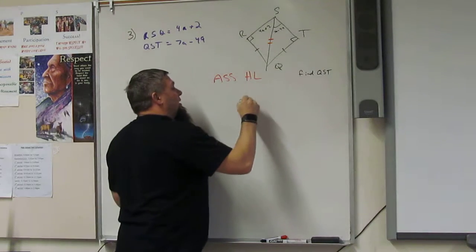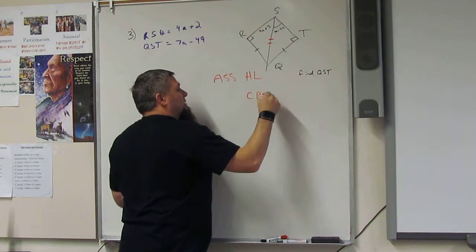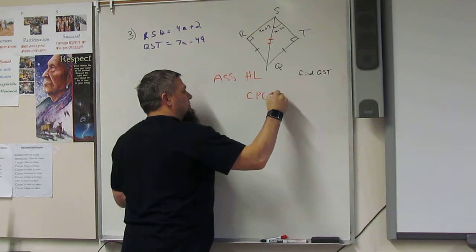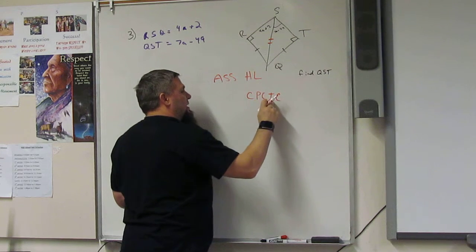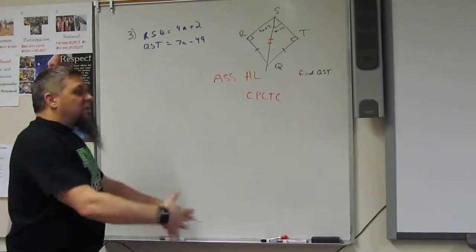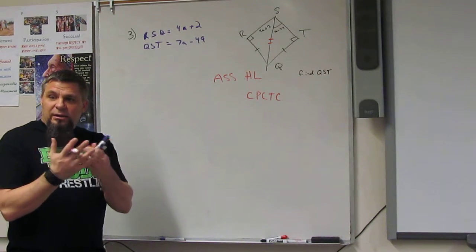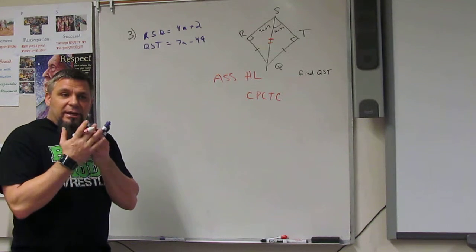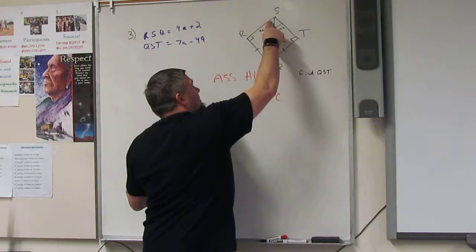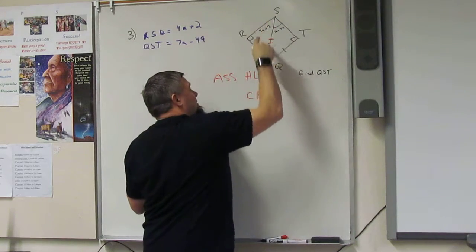So with CPCTC, congruent parts of congruent triangles are congruent, right? It tells me that similar angles are congruent. So, is this angle congruent to this one, or is this angle congruent to that one?